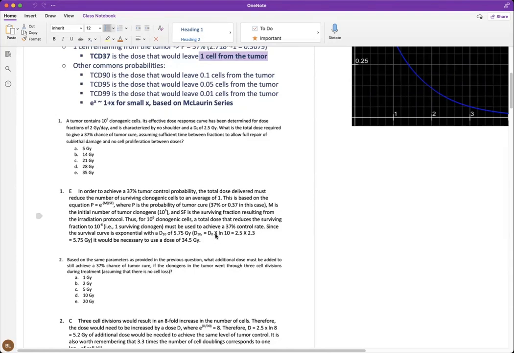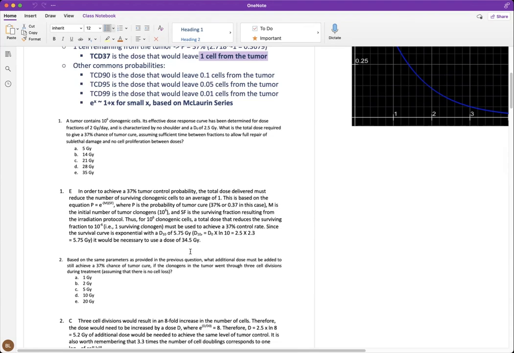This is a times sign, sorry. So that's how they get this 5.75 gray as D10. Since we want 10 to the negative 6, and each D10 gives a factor of 10 to the negative 1, we want to do that 6 times. So we multiplied this by 6 to get this, which was closest to E. So that was a hard question. I think it combines a couple of things.